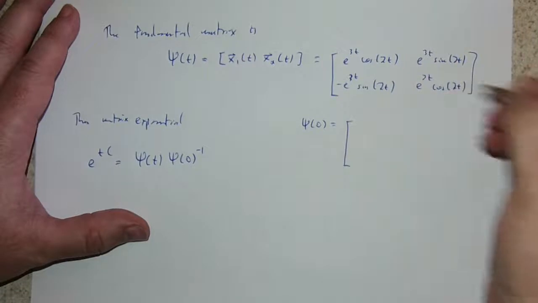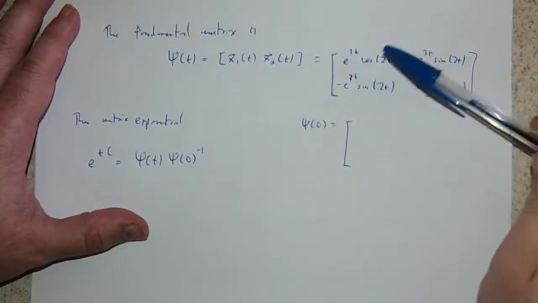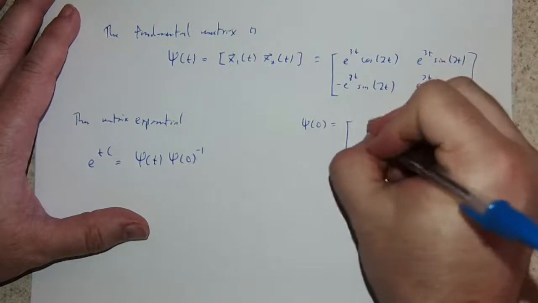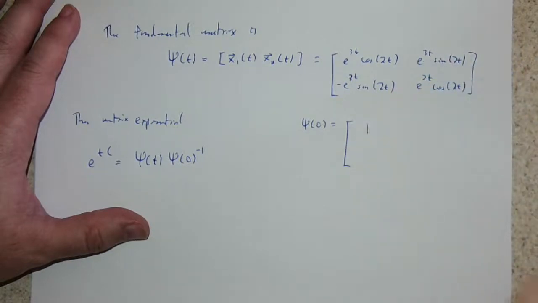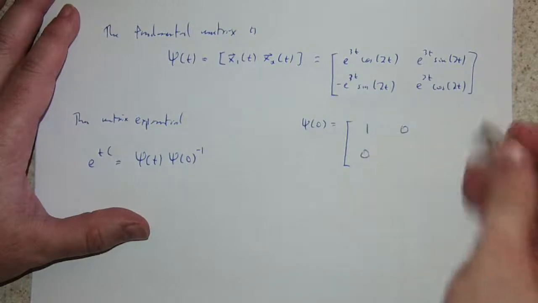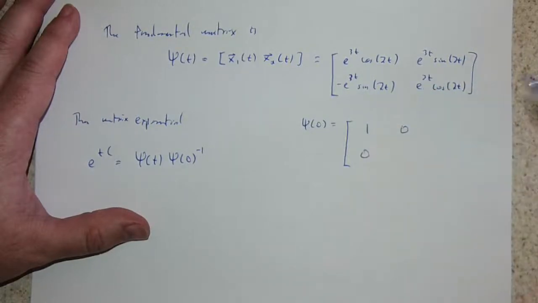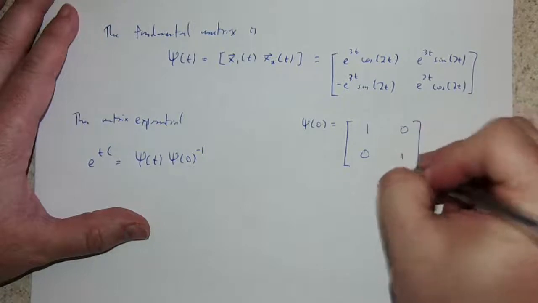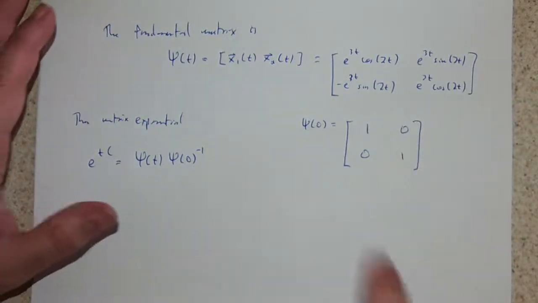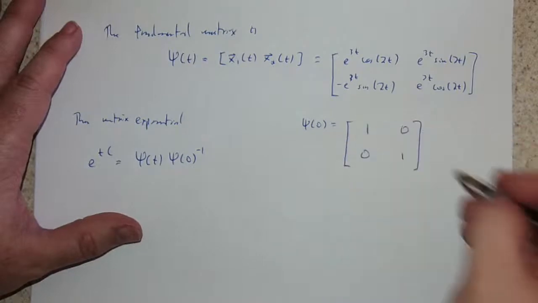So what is this? I have e to the 0 cosine of 0, so that's 1. E to the 0 sine 0, that's 0. Minus e to the 0 sine 0, that's also 0. And 1 times 1. So the determinant of this, of course, is 1.